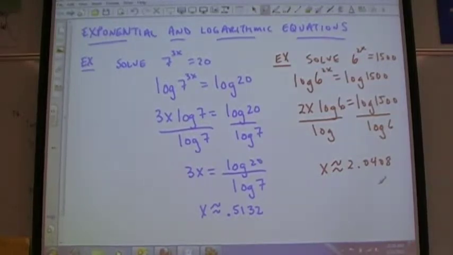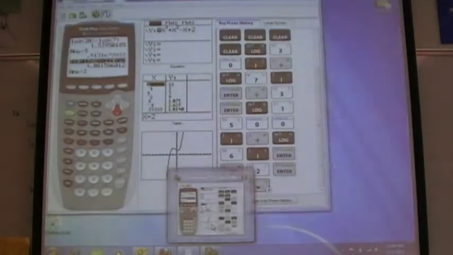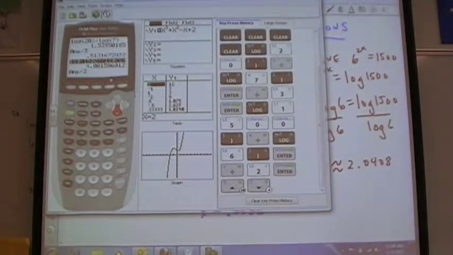So in your calculator, we would do log 1500 divided by log 6. And that's what we get, 4.08 and so on. But then it was 2x equals that, so I had to divide by 2.